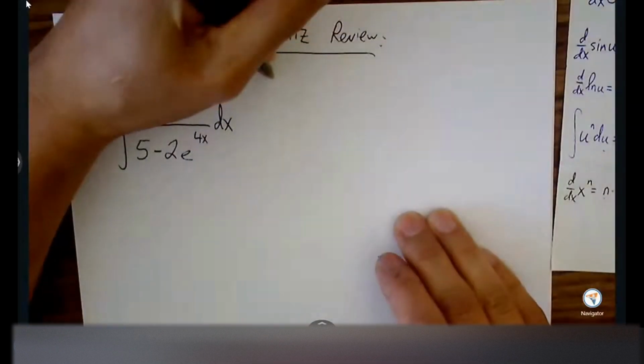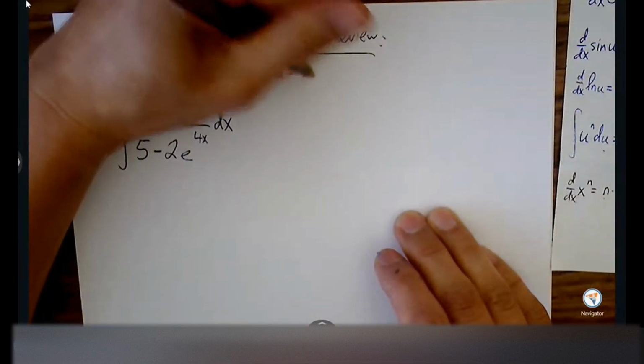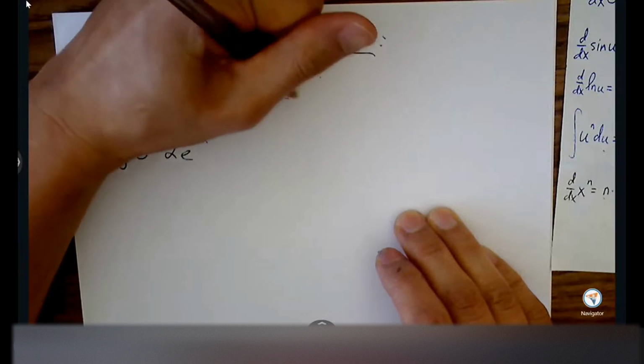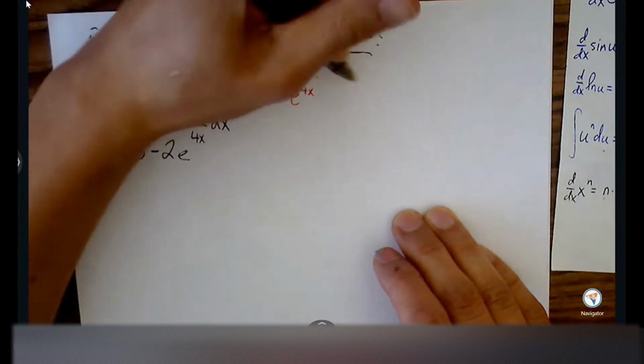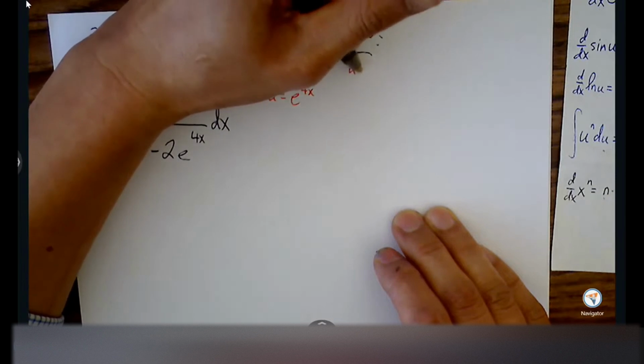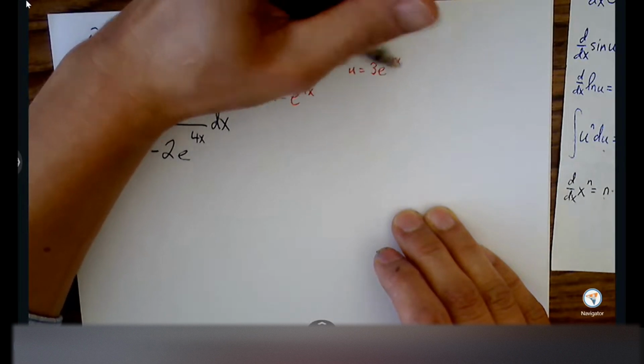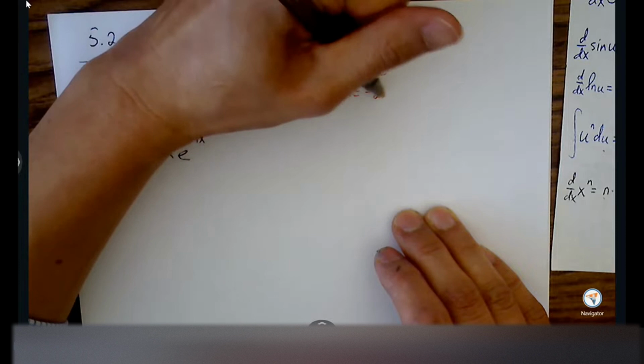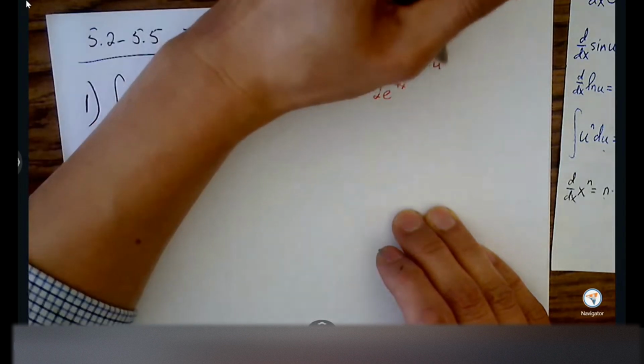What could be a u value that will allow us to move towards one of these integral rules here? So maybe I can list out some options here. Maybe it's the 4x. Maybe it's e to the 4x. Maybe it's 3e to the 4x. Maybe it's -2e to the 4x. Maybe it's the entire denominator.